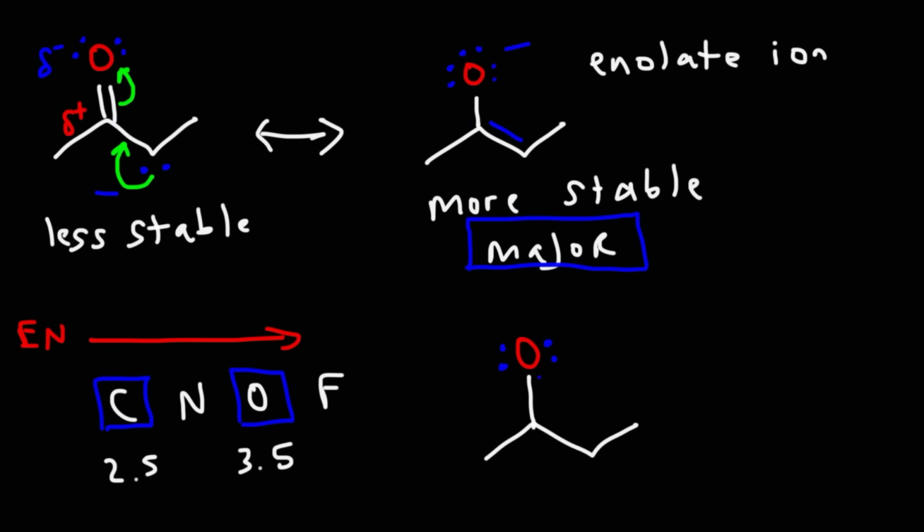So we're going to draw a dashed line among those 3 atoms. That shows that the pi bond is shared among those 3 atoms. Now the negative charge is shared between the carbon atom and the oxygen atom. So both of those atoms will have a partial negative charge. And that right there is the resonance hybrid.